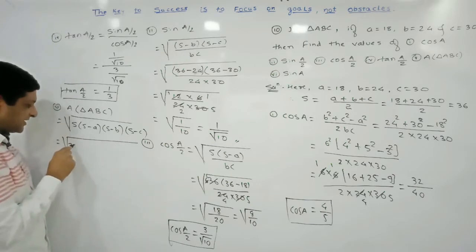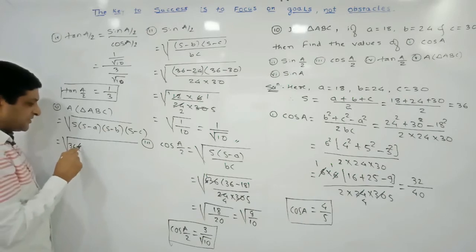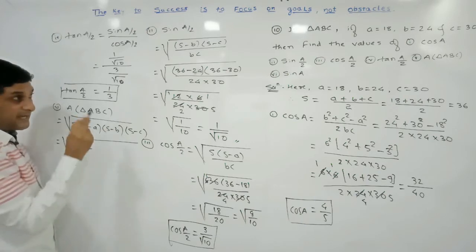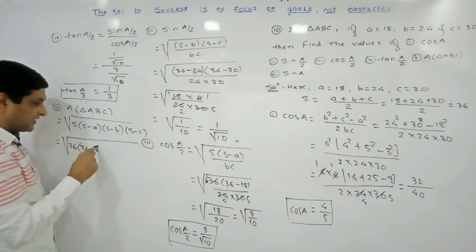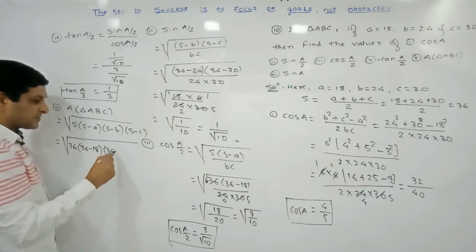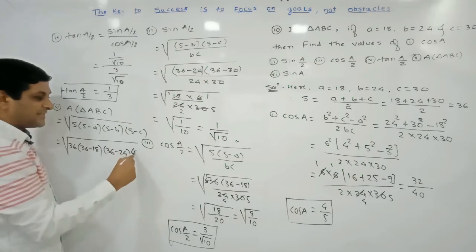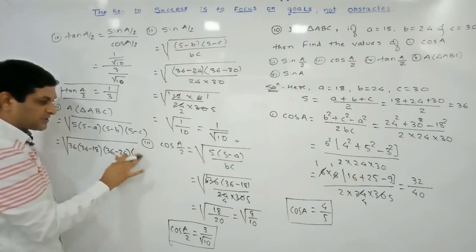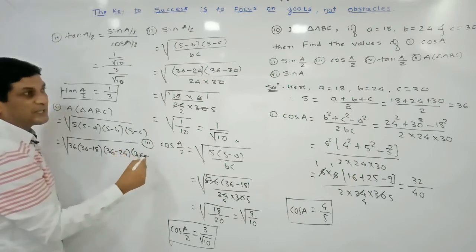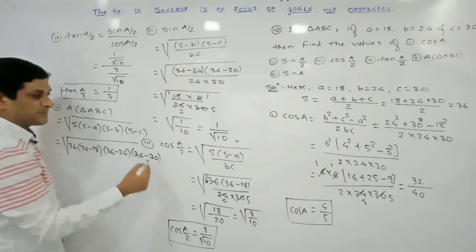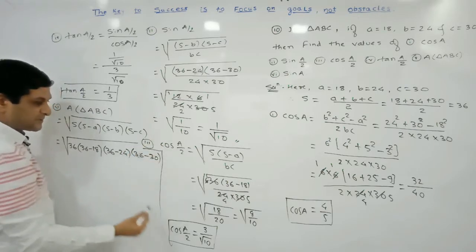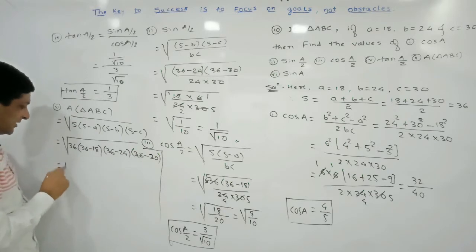S means here 36. S minus A means 36 minus A. A is equal to how much? 18. Again here S minus B means 36 minus B. B is how much? 24. Again here S minus C. S is how much? 36 and C is equal to 30. Just we have substituted the values. After substituting the values, the remaining part is the calculation part.